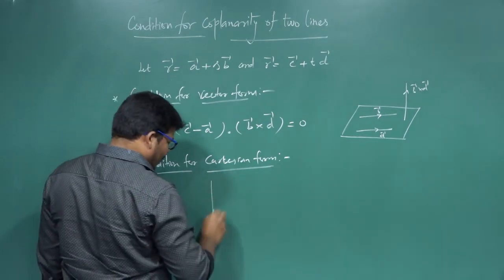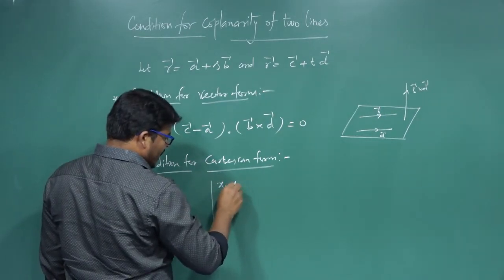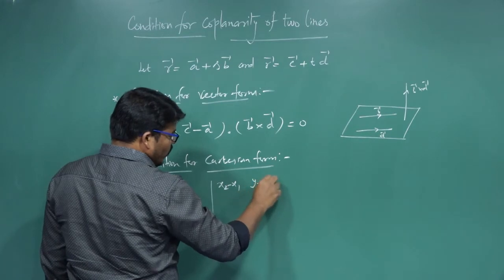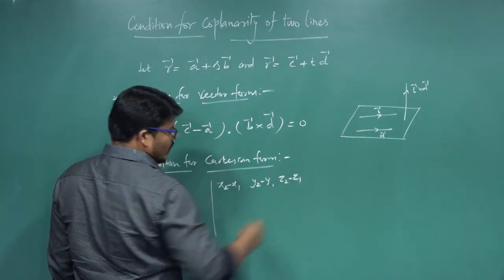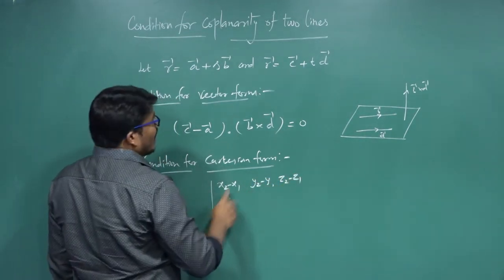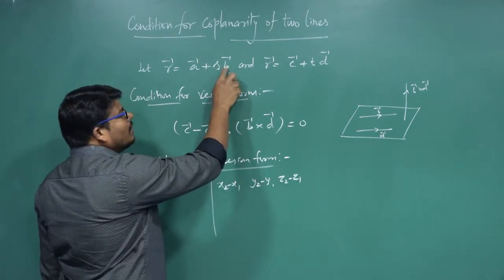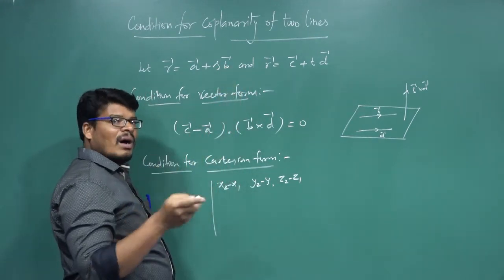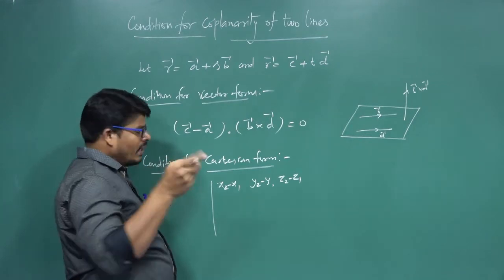Now writing in Cartesian form: x2 minus x1, y2 minus y1, z2 minus z1, and the direction of b vector is l1 m1 n1 or b1 b2 b3, you take any one.